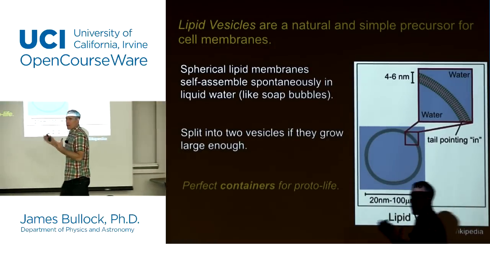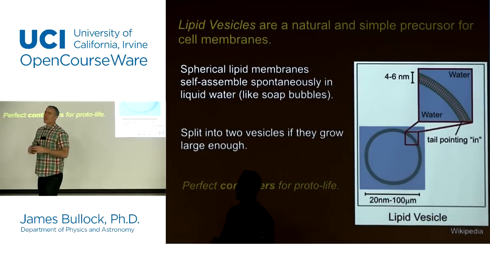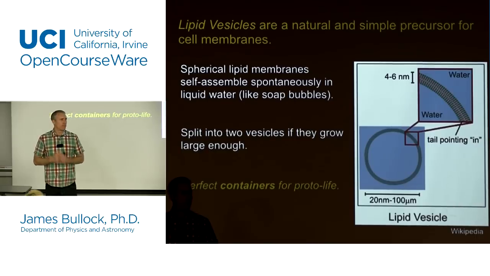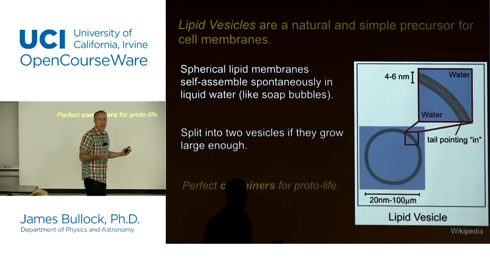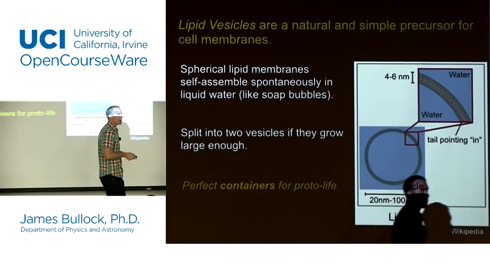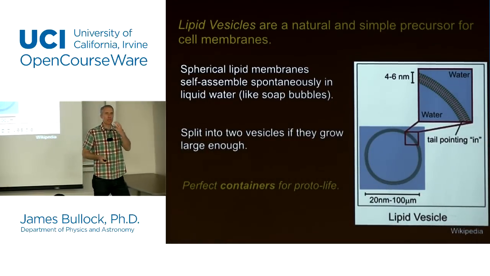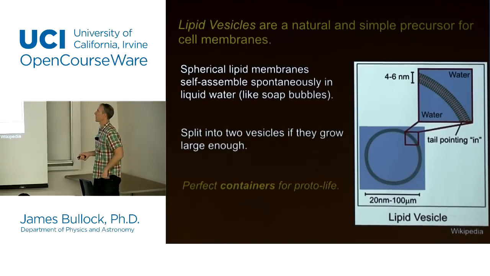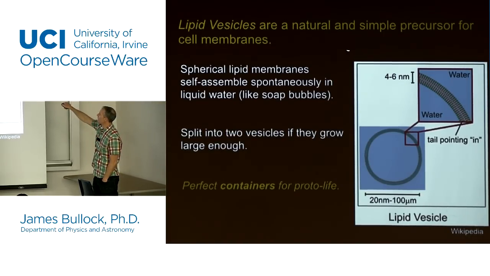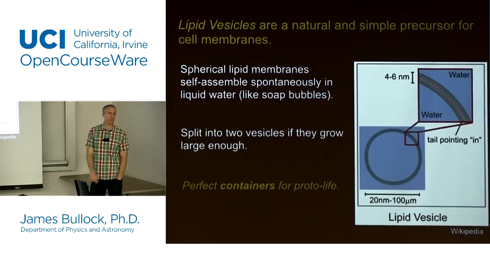So one thing you can think about is, well, where did the cell membrane come from? How does that happen? And it's actually interesting. This is something that probably happens pretty naturally. Okay. So there are things called lipid vesicles, okay? These are sort of like cell membranes. Effectively what they are is they're like soap bubbles.